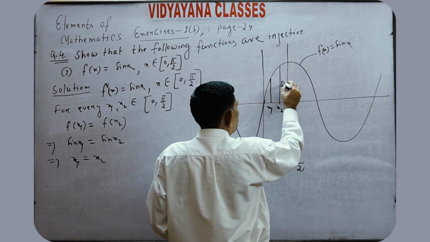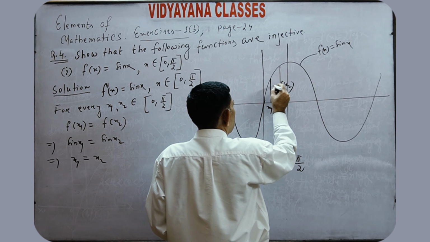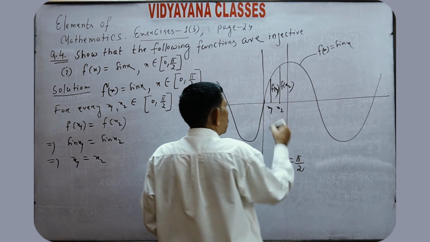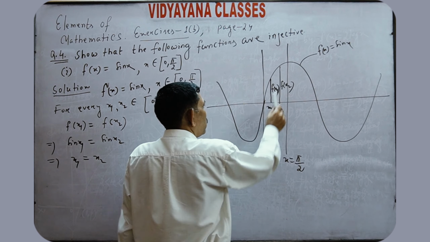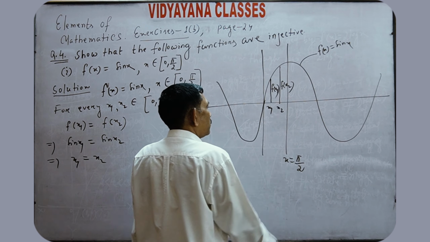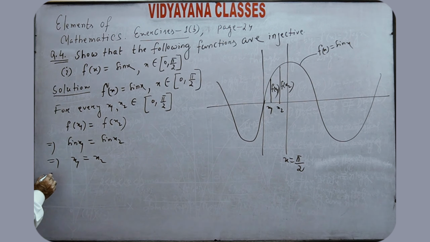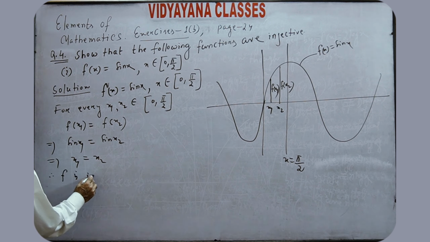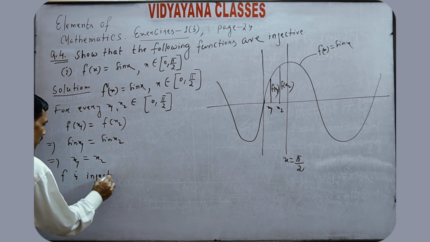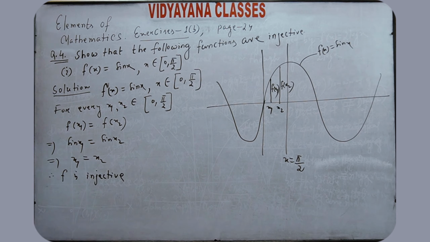It is f of x2, it is f of x1. f(x1) equal to f(x2) implies x1 equal to x2. Therefore, f is injective. Clear?